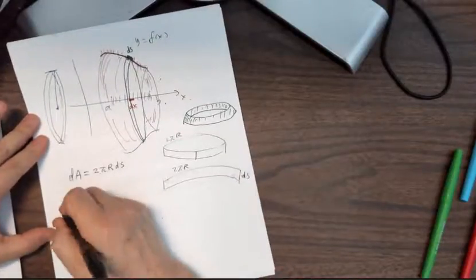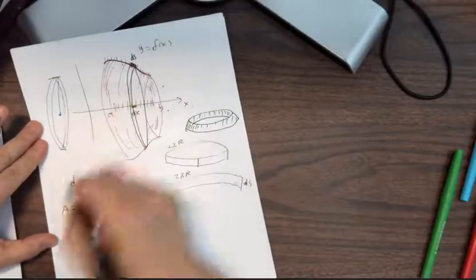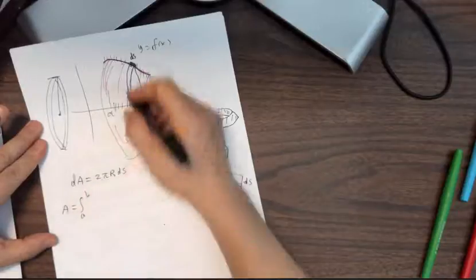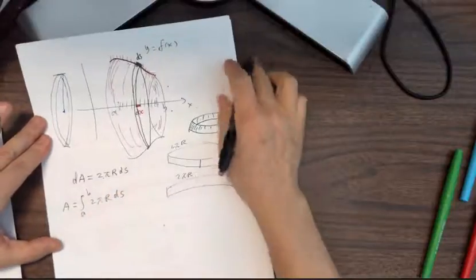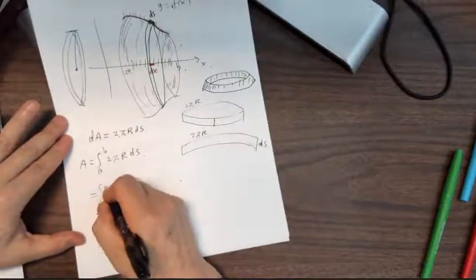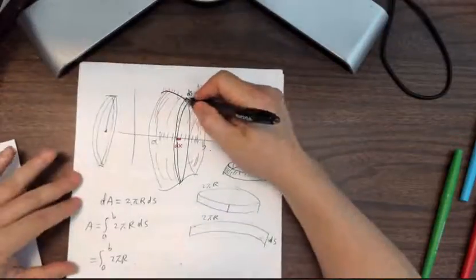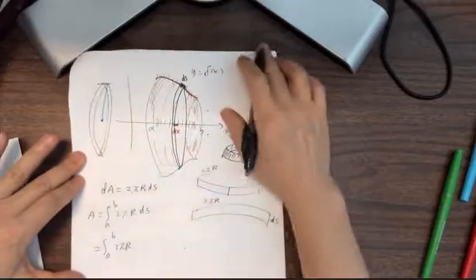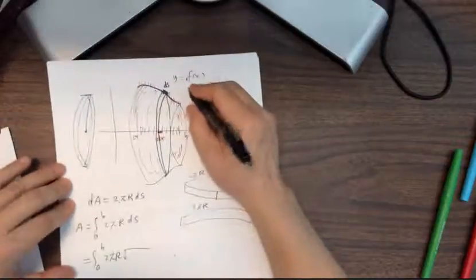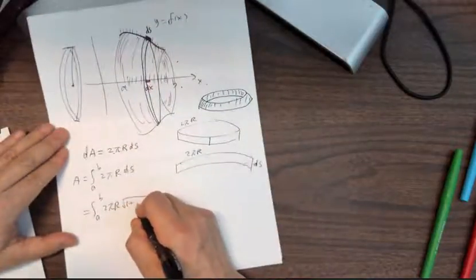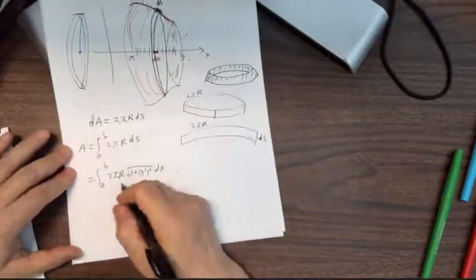Now, the total area, of course, will be the sum from a to b of all those areas. And ds is the arc length that we calculated before, so it will be the same formula. If we think of it as a function of x, it will be the square root of 1 plus y prime squared dx. Now, what's r?